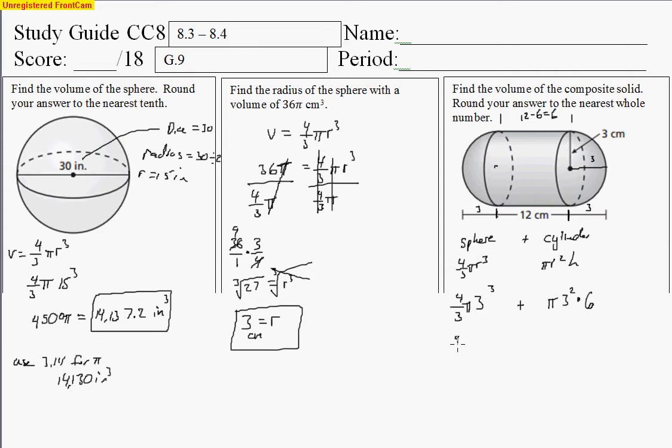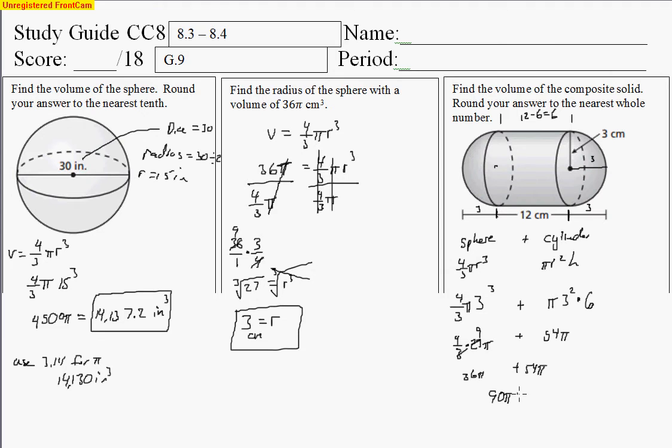And so when I do this work, I have 4/3 times 27 pi. I got the 27 by doing 3 to the third. Doing some cross-canceling here gives me 36 pi. On this side, multiplying here, I end up getting 54 pi altogether. 9 times 6 gives me 54. So when I add these two together, 54 pi and 36 pi, that gives me 90 pi altogether.